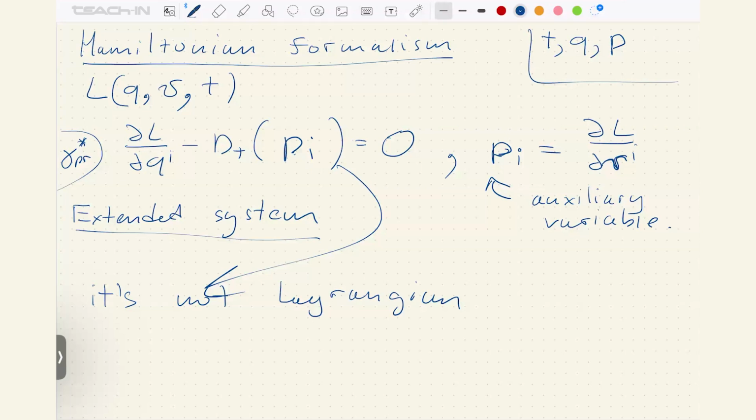There is nothing nice. But we prefer to work with, because we know it's very nice when all our equations of motion are encoded in just one function.